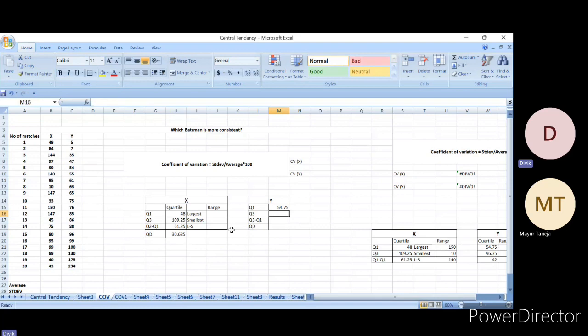This gives you quartile 1 as per the data available in the Y series. Likewise, write QUARTILE, copy the data again, comma 3 for the third quartile, close the bracket and enter. Then Q3 minus Q1 and enter. For calculating quartile deviation, 42 divided by 2. So this is how we can make use of quartiles for calculating quartile deviations.